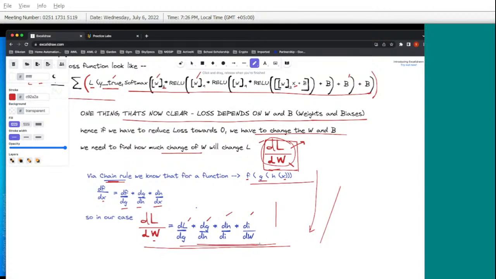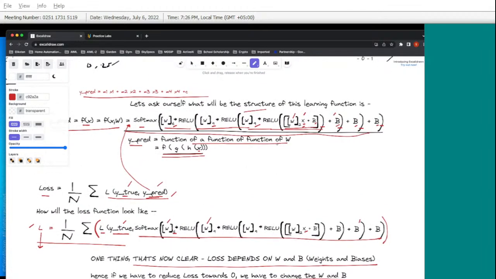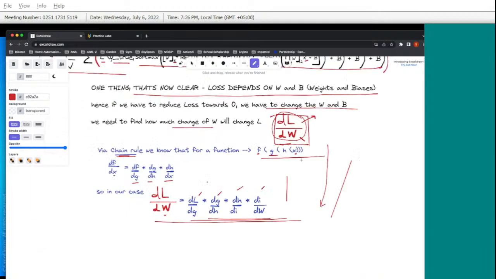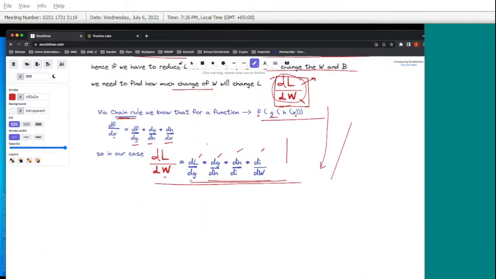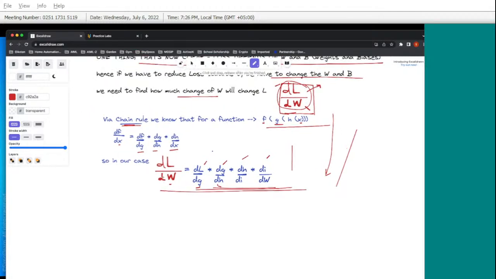So dL by dW will be expanded based on how many functions your learning function has produced. In our case, we have decided that we have 4 learning functions, 1, 2, 3, 4. So in this case, we have to solve 4 partial derivatives to reach this number for every weight.